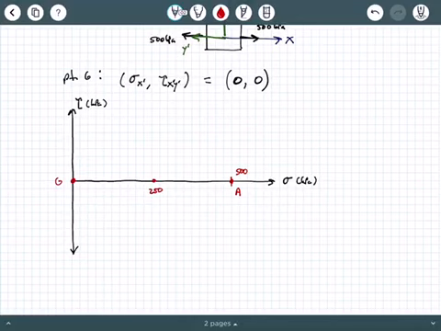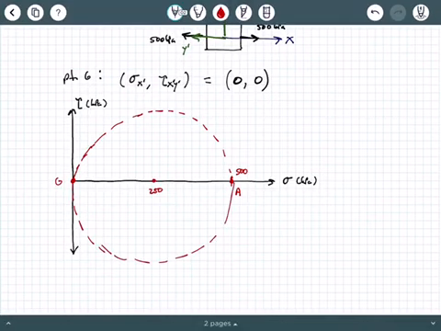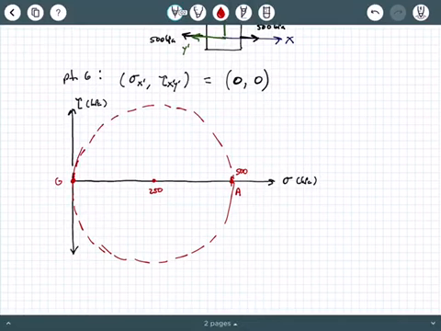And then in the center, we have the center point that we know. Let's say that's right about here, and that's 250. Remember that line AG that we defined in our previous video is the diametric line of the Mohr circle. That means it's defining the diameter of the Mohr circle. So now we can sketch the circle passing through A and G. I'm going to try to draw this circle very nicely.